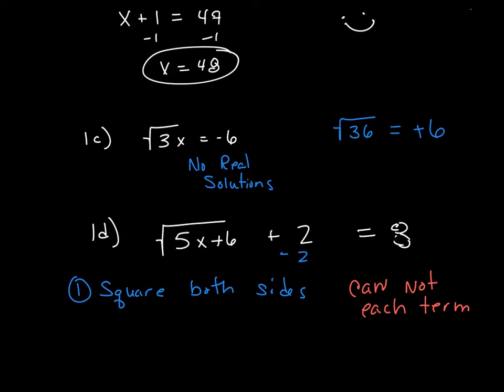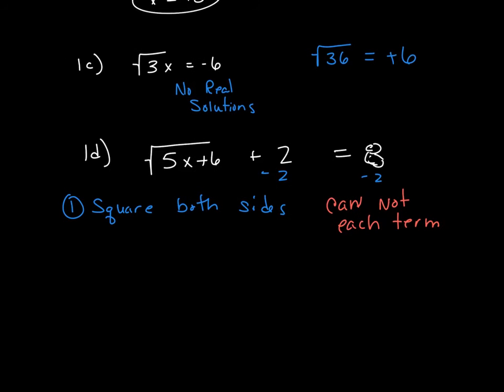And this was an 8. And that leaves me with this much nicer problem to deal with, which is the square root of 5x plus 6 is equal to positive 6. Now I want to go through and square both sides.